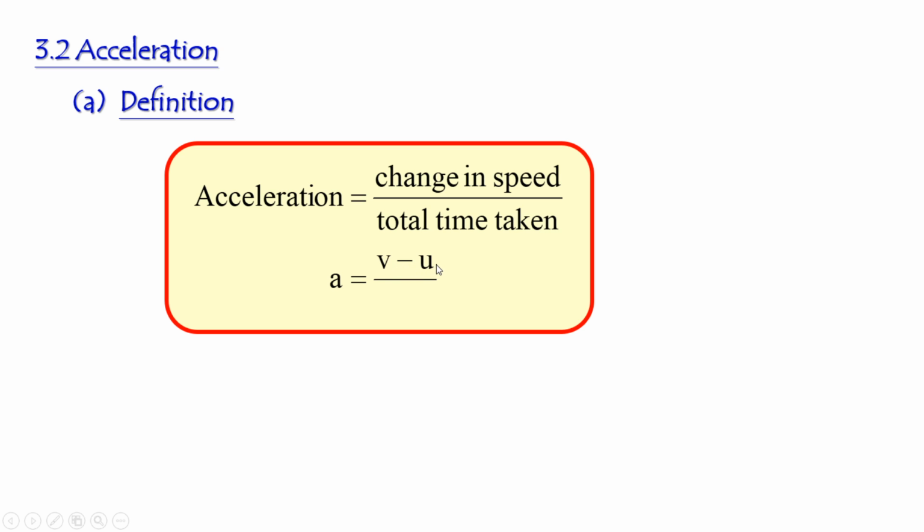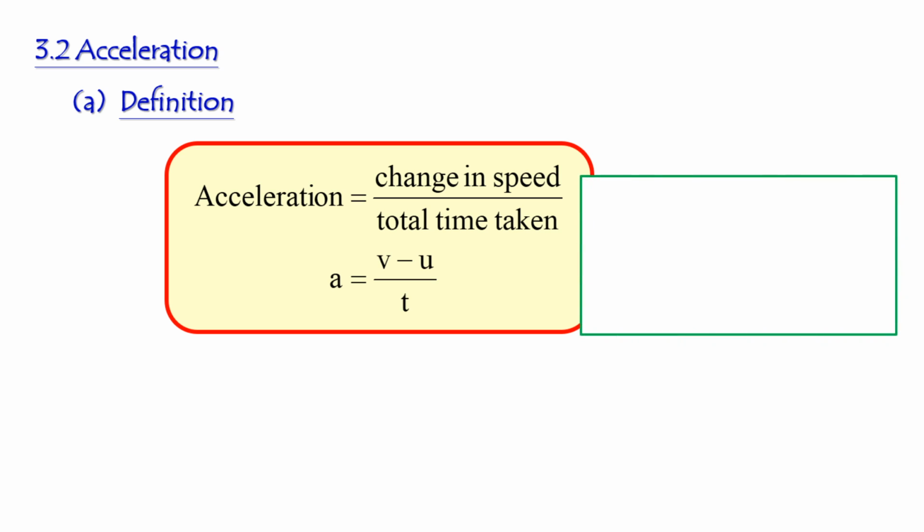U is the initial speed, the speed at the beginning, and V is the final speed, the speed by the end of the journey. If you use the final value minus the initial value, it equals the change in speed. And we use T to represent the total time taken.